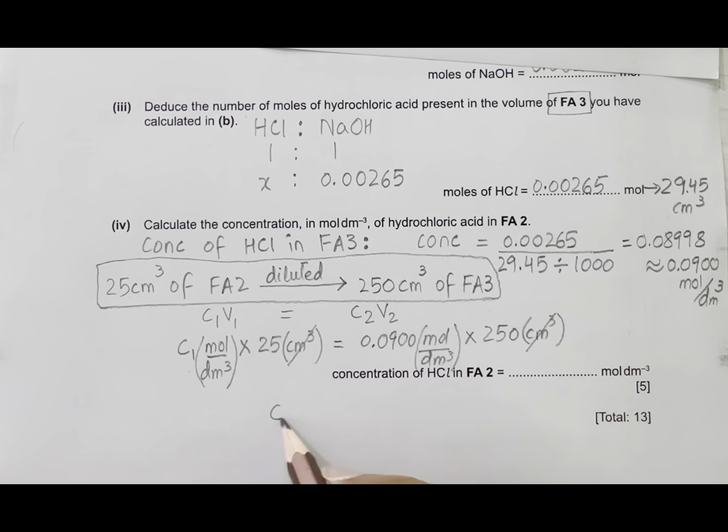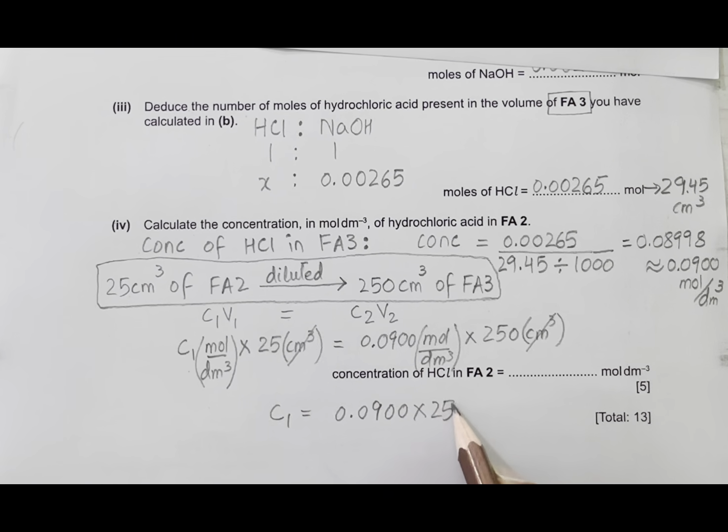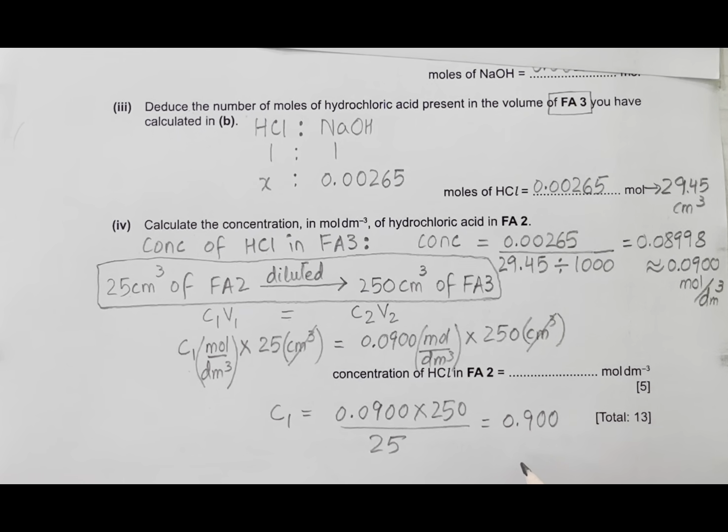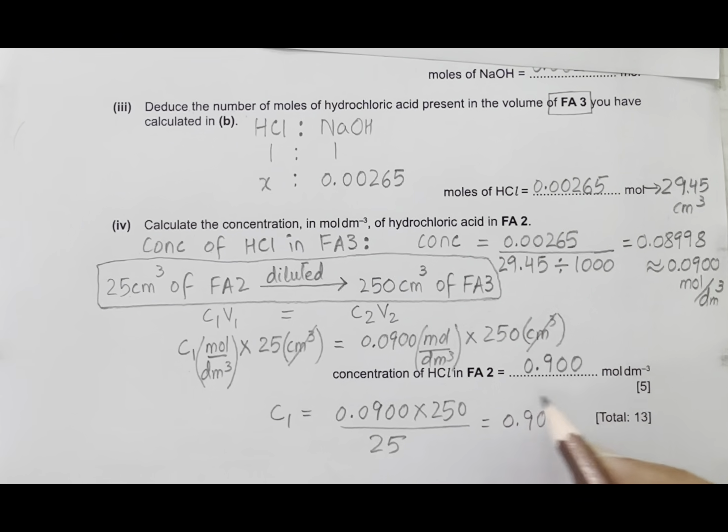So if we calculate this, 0.0900 multiplied by 250 upon 25, the answer will be 0.900. Therefore, the concentration of Fa2 was 0.900.